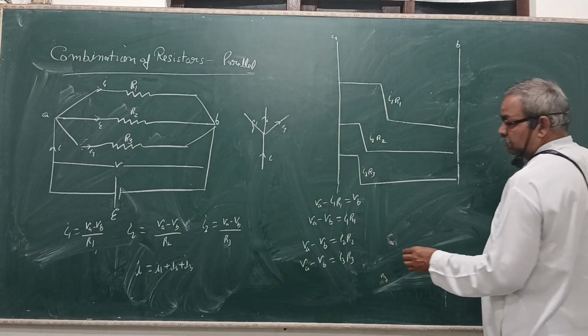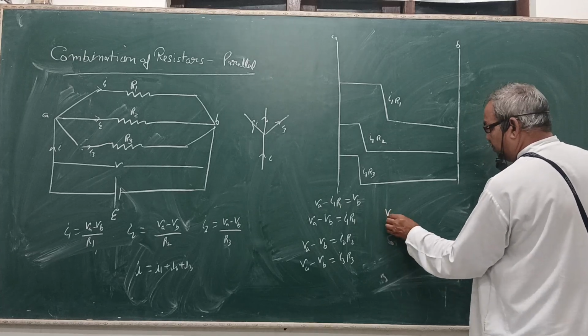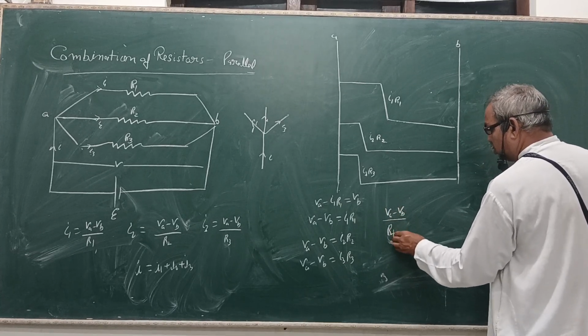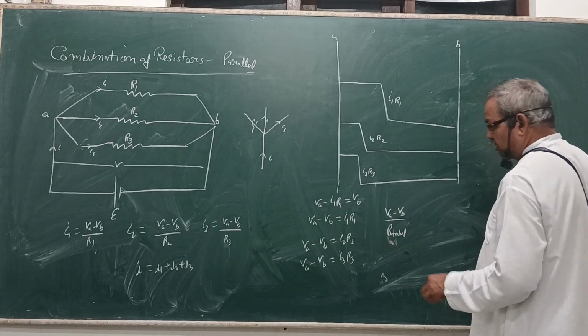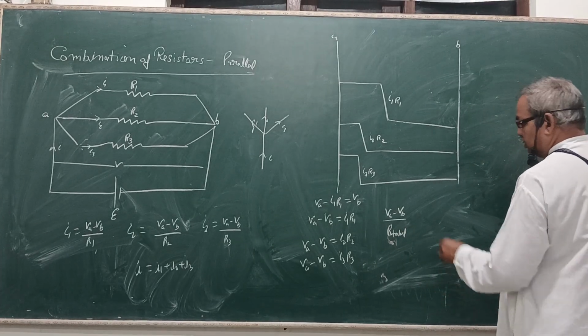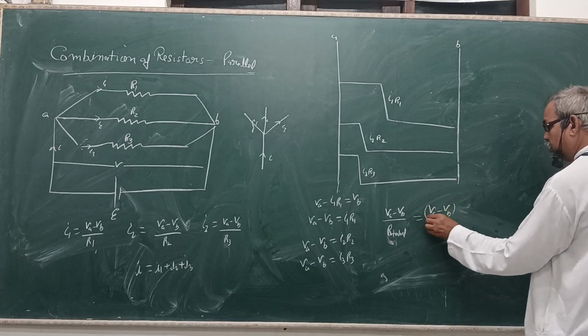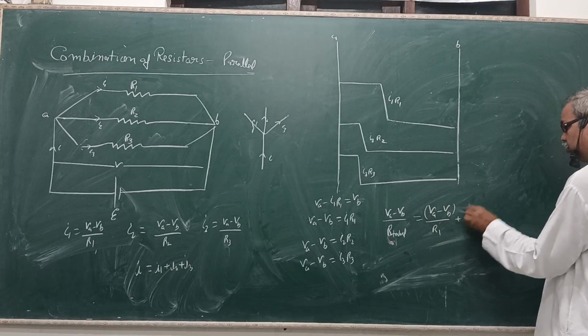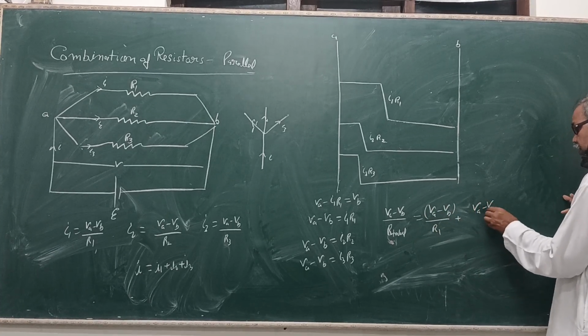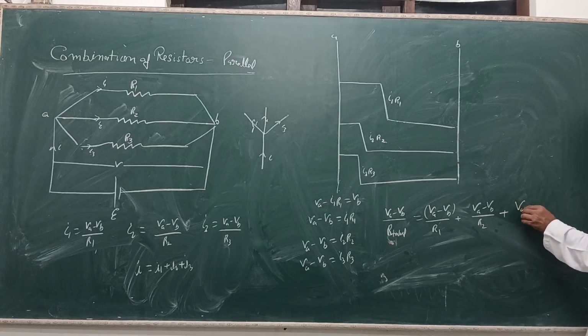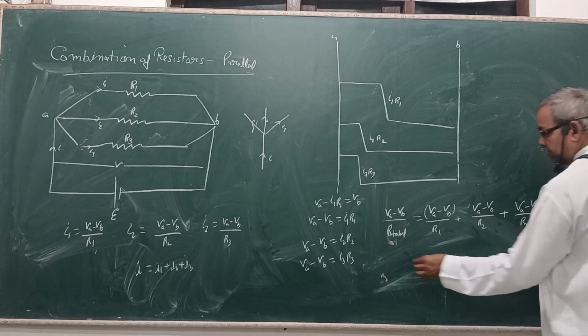I is defined as VA minus VB upon R total, which is equal to VA minus VB upon R1, plus VA minus VB upon R2, plus VA minus VB upon R3.